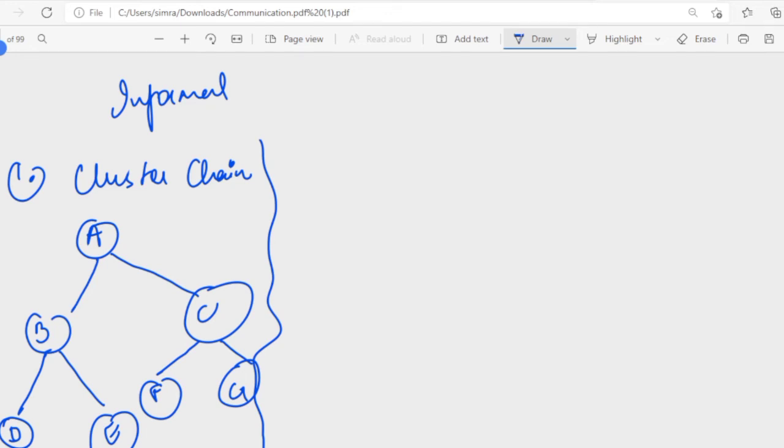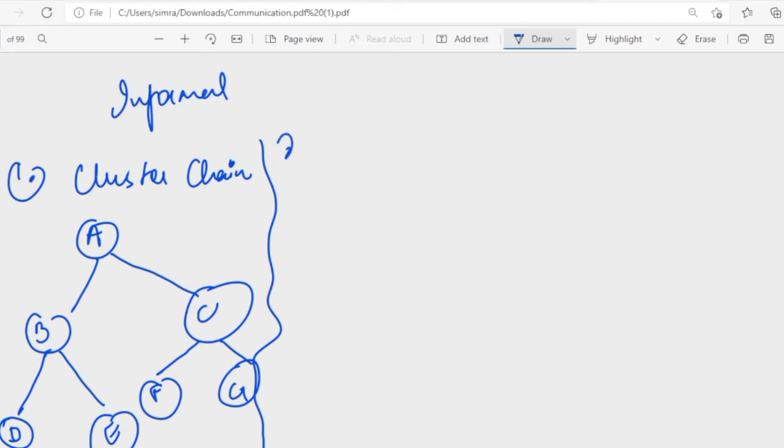In that movie they showed how this cluster chain works, but for a good cause. Here we are understanding it from the point of view of informal communication where people gossip. Got it? Simple, easy.